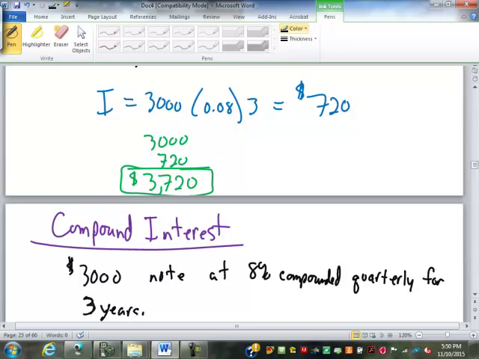What that means is every quarter of a year or every 3 months, the interest will be figured out and added to the balance of that note. And then the principal for the next quarter is going to be that principal plus interest. So you get interest on top of the interest, hence the term compounding.